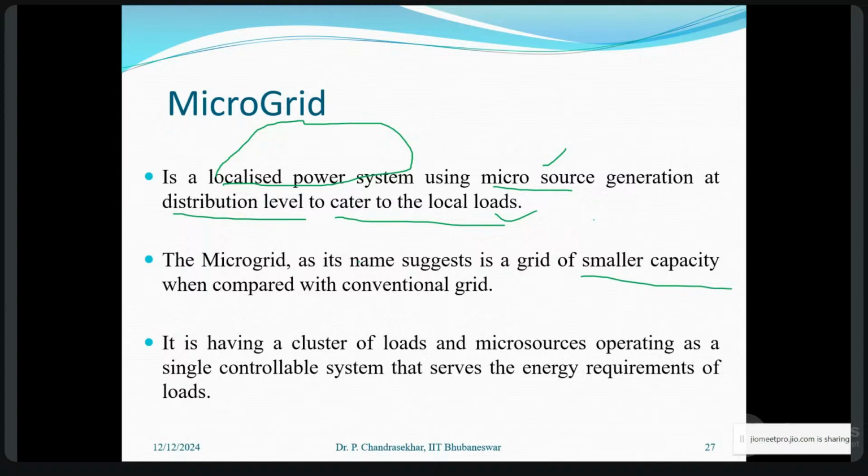When compared with our conventional grid, the microgrid capacity is much smaller. It is having a cluster of loads, meaning a group of loads, and micro sources, a group of sources, operating as a single controllable entity. What do you mean by a single controllable entity?